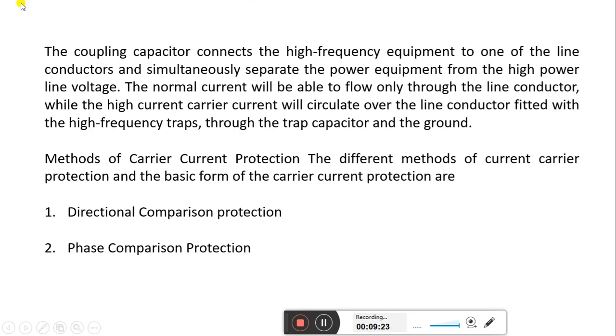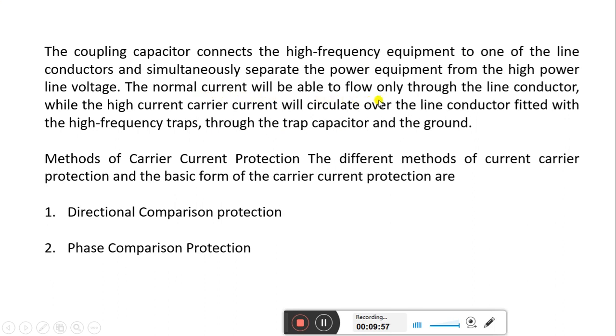Now the coupling capacitor connects the high frequency equipment to one of the line conductors and simultaneously separates the power equipment from the high power line voltage. Already we have discussed that these coupling capacitors provide low impedance to the high frequency carrier current signals, so that these high frequency current signals can be easily connected to the lines.